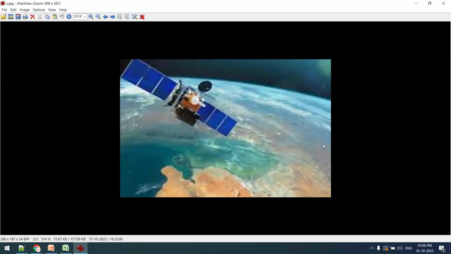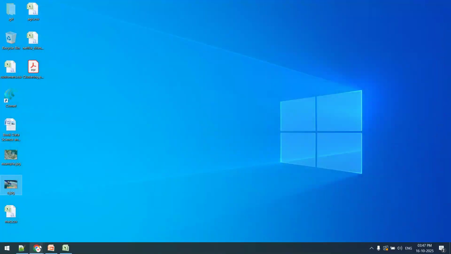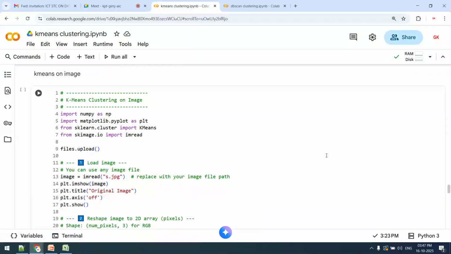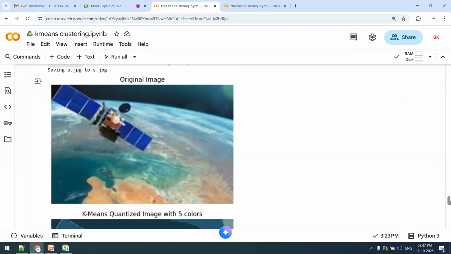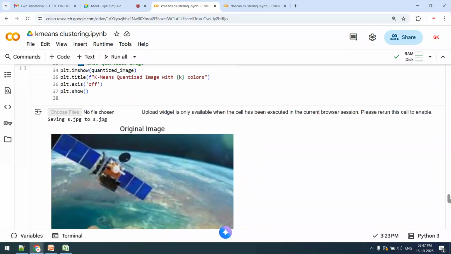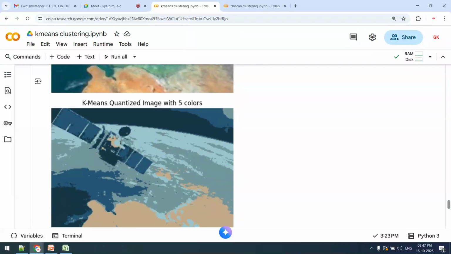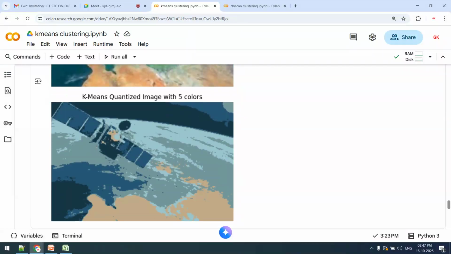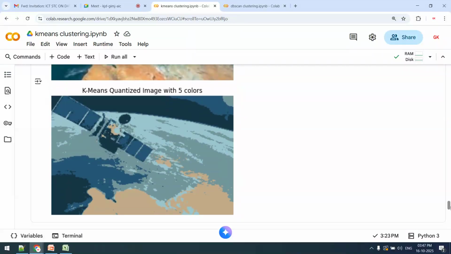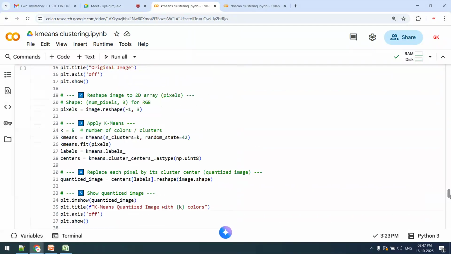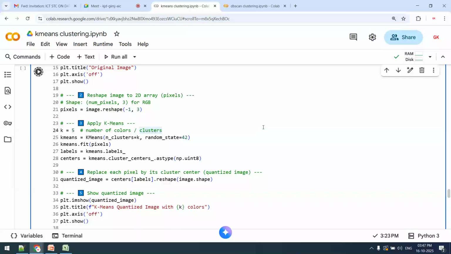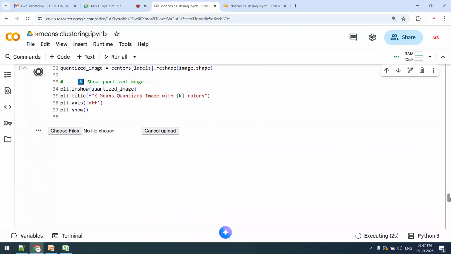Grouping of pixels, and once we quantize this image, we will be able to reduce the number of colors. For example, this one is the original image, and once it is quantized, what we are doing is quantization, but at the back end it is implementing the K-means algorithm.